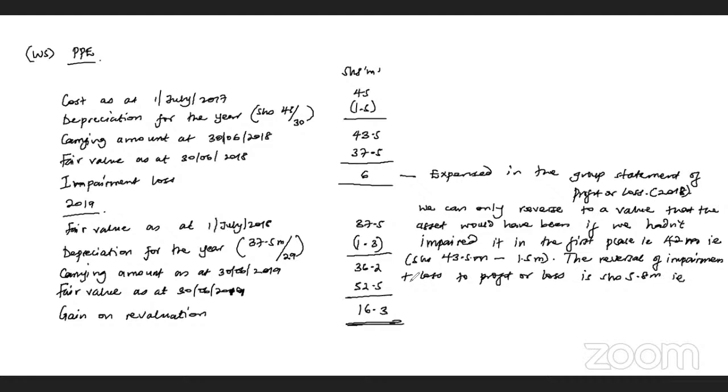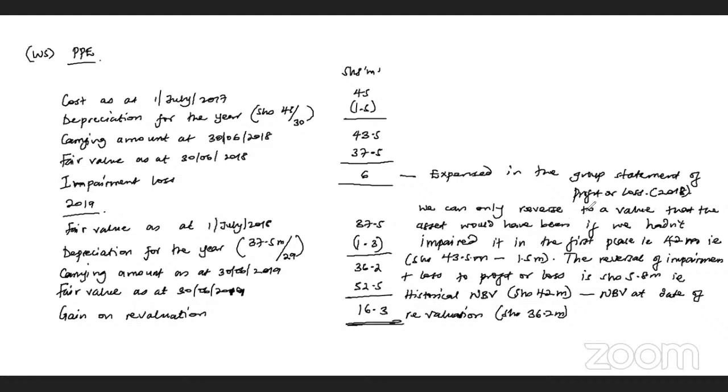To get this 5.8 million, we get the historical net book value, had there been no impairment, that is shillings 42 millions, minus the net book value at the date of revaluation, which is shillings 36.2 M. That is the 5.8, which is the reversal: the historical NBV if there was no impairment, less the NBV at the date of revaluation.